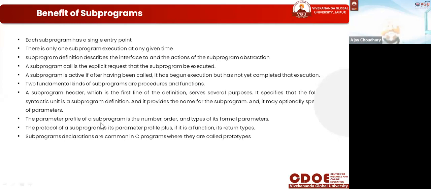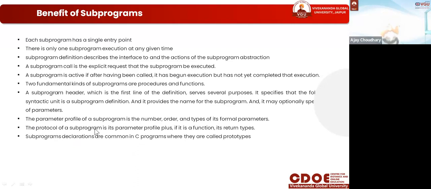The parameter profile for a subprogram is the number, order, and type of its formal parameters. The protocol of a subprogram: we already discussed what a protocol is. A protocol is just a rule, like rules and regulations, which are followed by these programs.